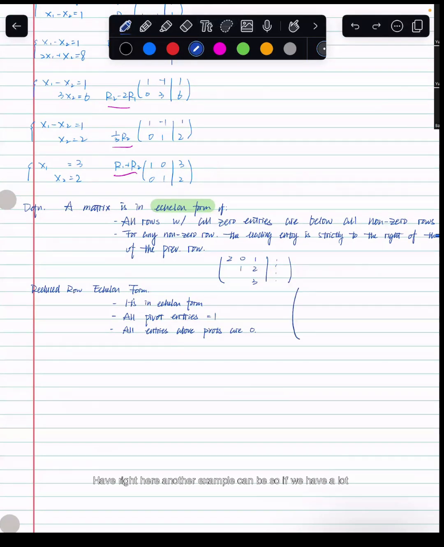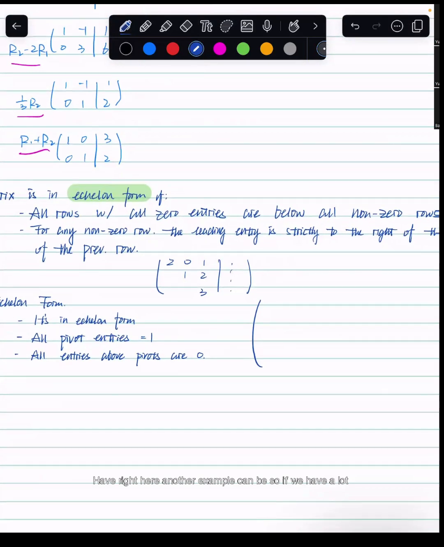Another example can be, if we have a lot of equations with not as many unknowns, for example, 1, 0, 1, 1, 0 with pivot entries.